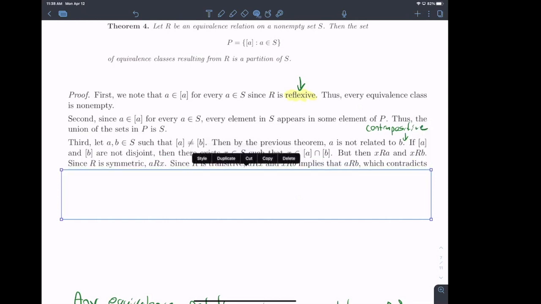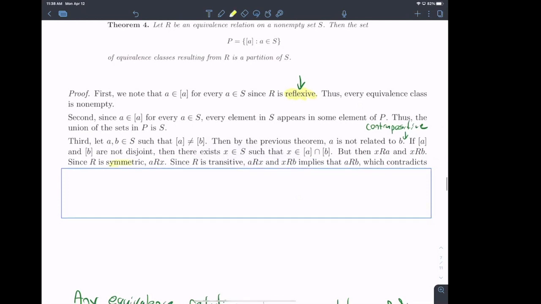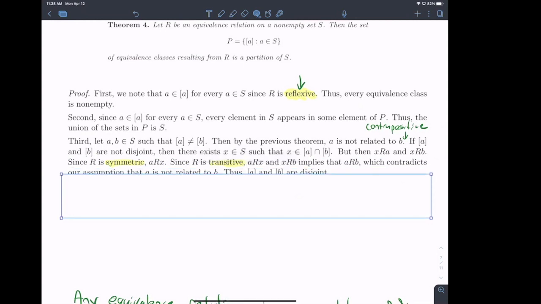And using the symmetric property and the transitive property, this would lead to a contradiction here that A is related to B. So that gives us our contradiction.